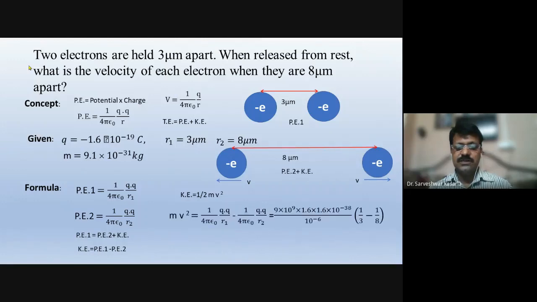So this is the equation for mv square, because the kinetic energies of the first electron and the second electron are both added, and it is equal to mv square. Therefore our formula becomes like this. So mv square comes out to be 4.8 into 10 to the power minus 23, and v square is equal to 0.527 into 10 to the power 8, and v is finally equal to 7.2 into 10 to the power 3 meter per second.